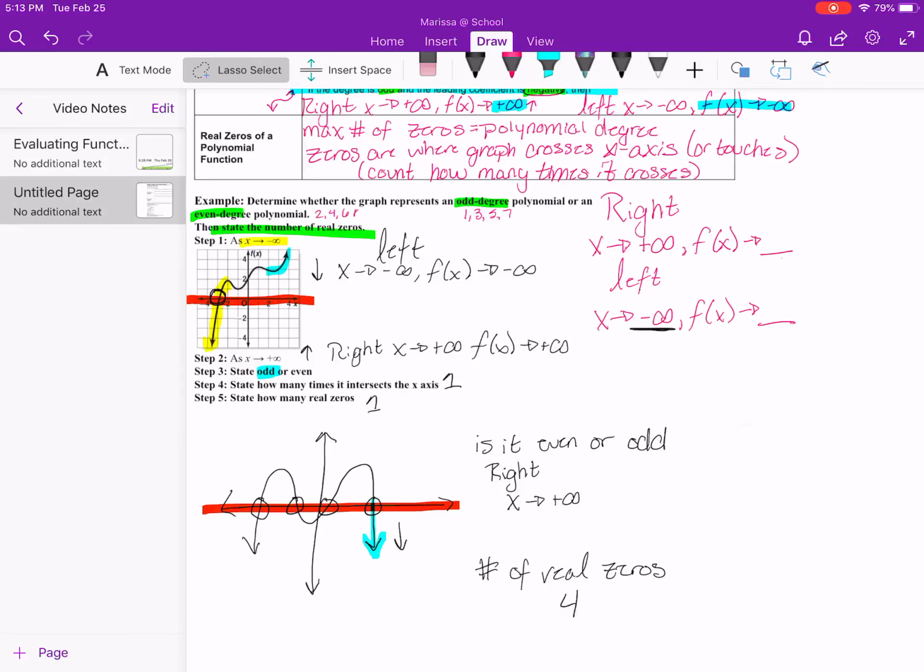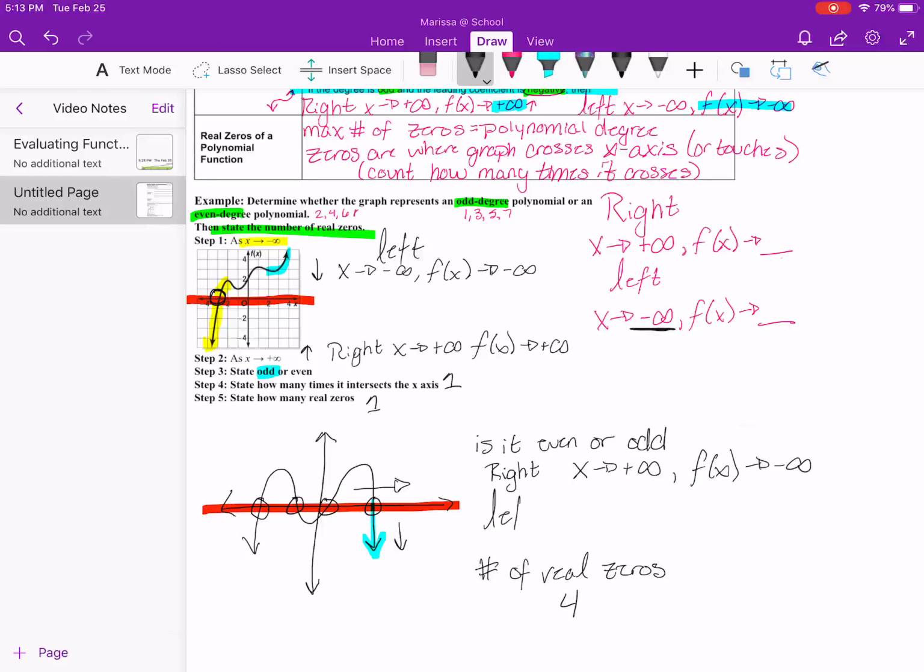Okay, so I'm just going to write this beside as x approaches positive infinity. So as I'm moving to the right on my graph, my arrow is going down. So that means my graph, my function, is also going to be negative infinity. So remember, down equates with negative.